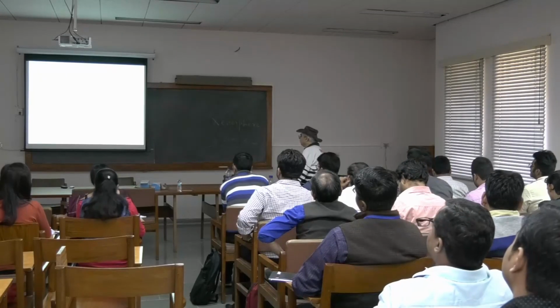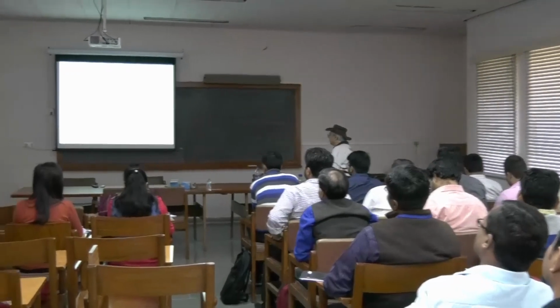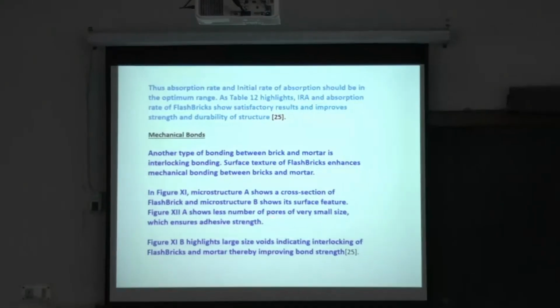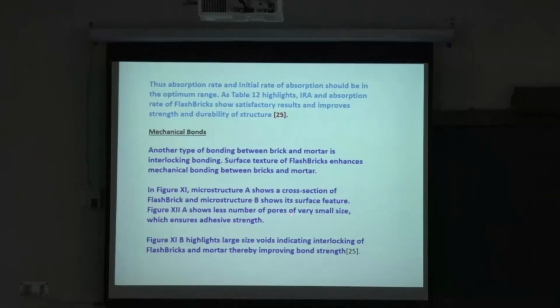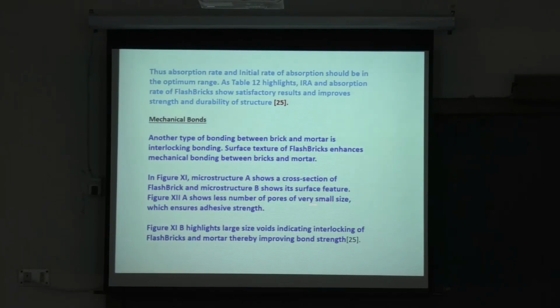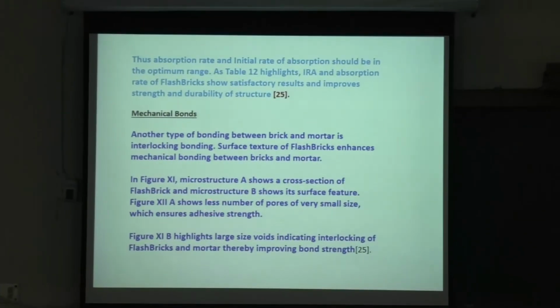Now, we had shown in figure 11, microstructure A shows the cross-section of the fly ash bricks, and microstructure B shows its surface feature. So figure 12A shows less number of pores. So this is what happens. Let's have a look at this.